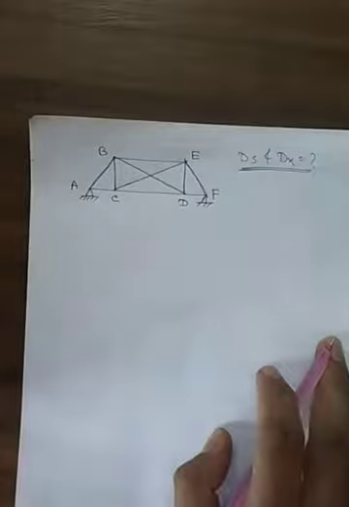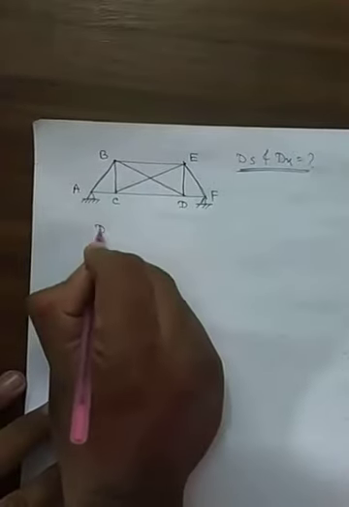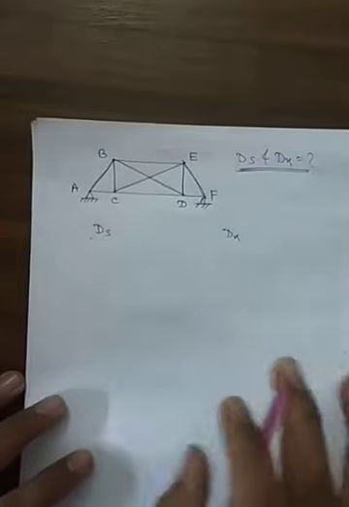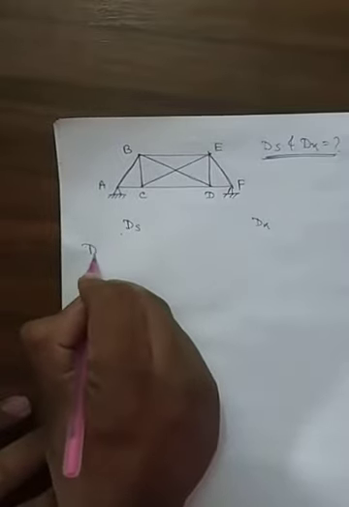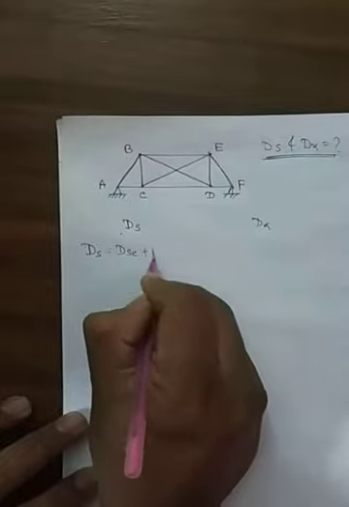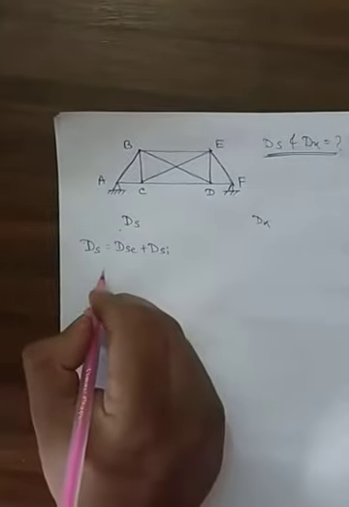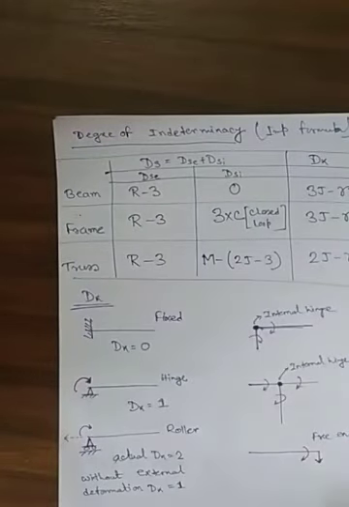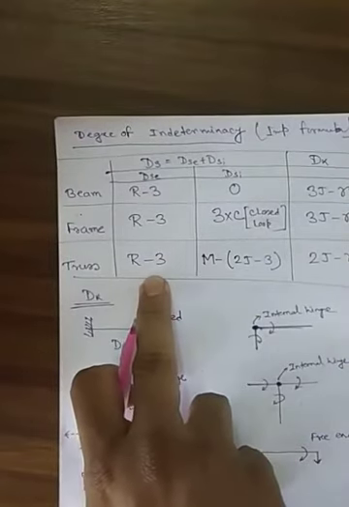You have to calculate your DS and DK. Same, you solve DS first and then DK. Okay. Here same rules applied. DS is equal to DSE plus DSI. Okay. In case of DSE for truss, how much? DSE is r minus 3.